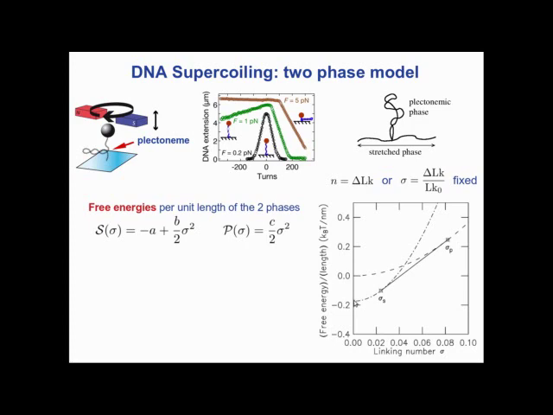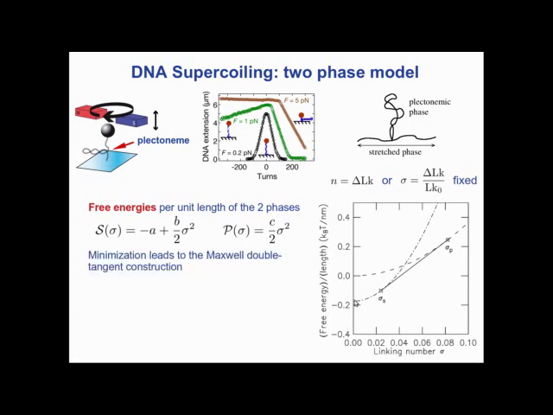Right, but at a certain point there has to be some crossing of these two free energies, because we see plectonemes appear. Therefore, for sufficiently large sigma, there should be supercoiling at some point. So we expect, if we want the crossing, this coefficient C must be larger than the B. But the minus A takes care of the fact that the stretched phase free energy starts from a lower point here.